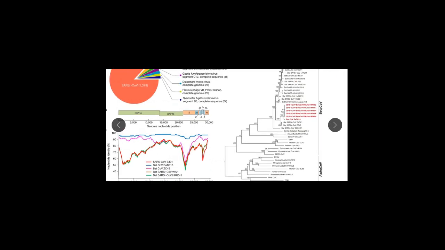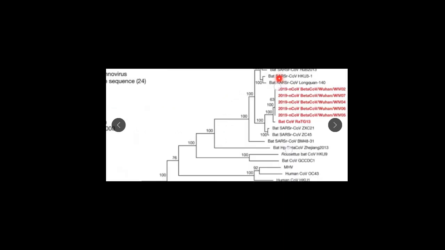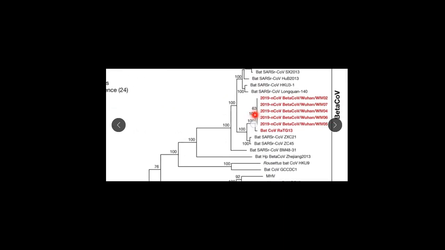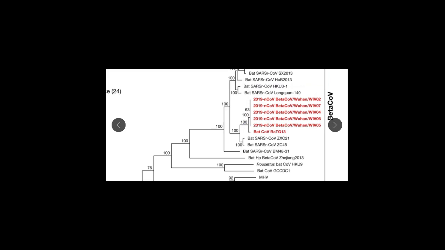Phylogenetic analysis of the full-length genome showed that the virus from Wuhan has high similarity with the bat coronavirus RaTG13. So it is similar with it.